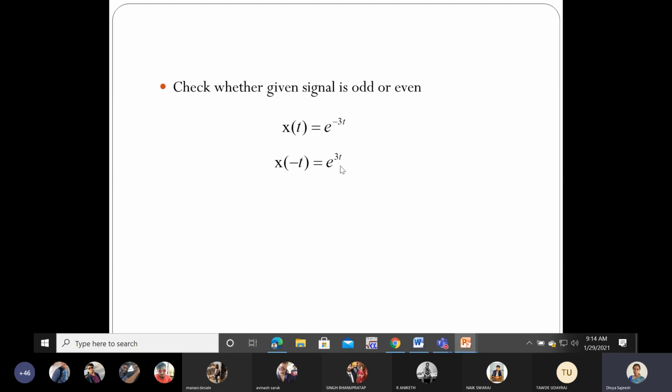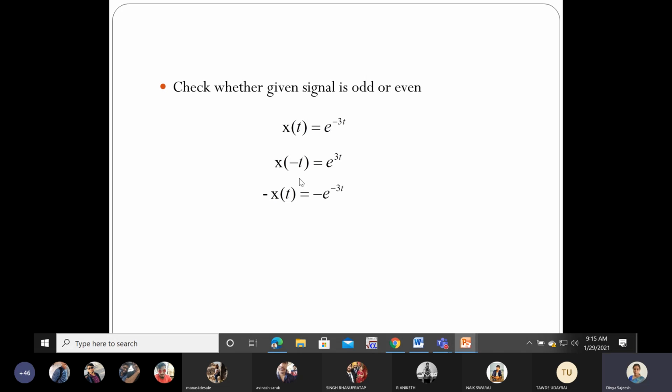Now I will check the other condition, whether it can be an odd signal. x of minus t should be equal to minus x of t, then only it will be an odd signal. Minus of x of t is minus e raised to minus 3t. So this is your minus x of t.